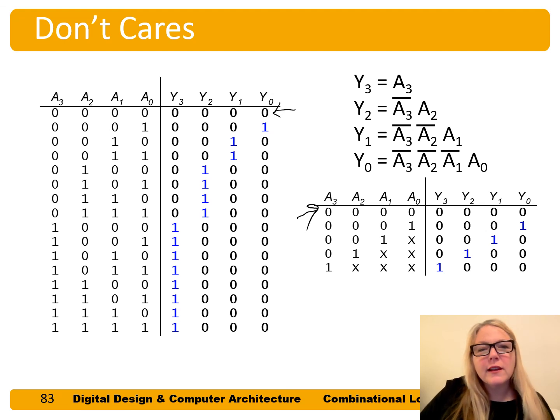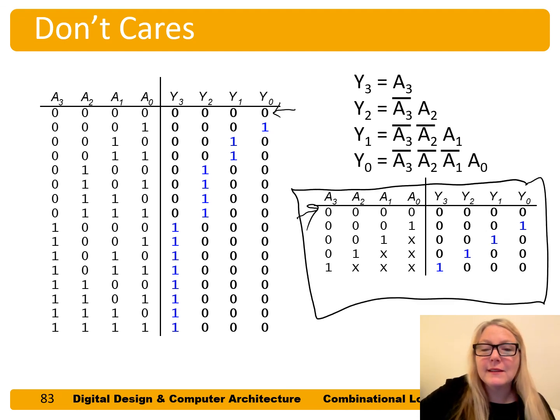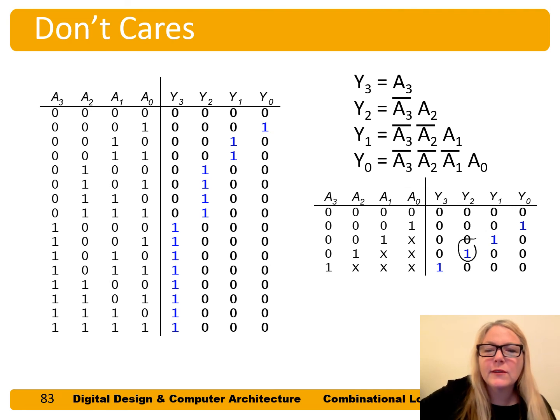By using don't cares in our truth table, it actually simplifies our truth table. It's a lot more concise, and it really makes it easy to see what the equations are. So we can see that y3 equals a3. The other inputs aren't even included in our equation. y2 equals a3 bar and a2.